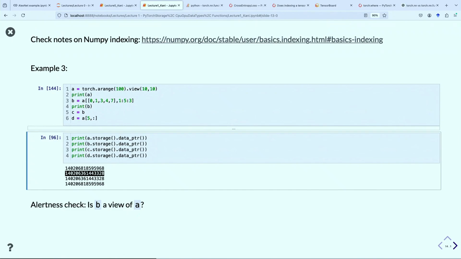The one other reason I put this in the slides is because I was looking at this at 2 in the morning the other night, and I was convinced these two data pointers were the same because I was only looking at the first couple numbers. I spent literally an hour at 1 in the morning wondering how this could be possible. How is B a view of A? I Googled how to represent random slices as strides like 20 times.